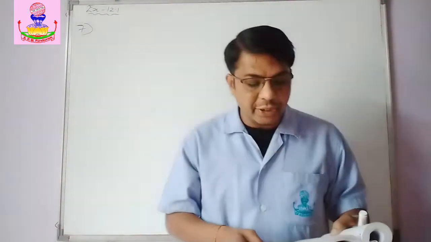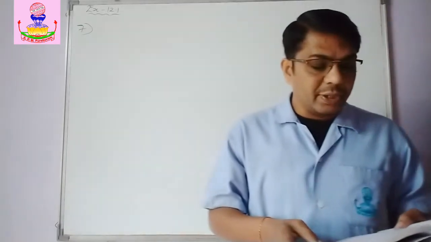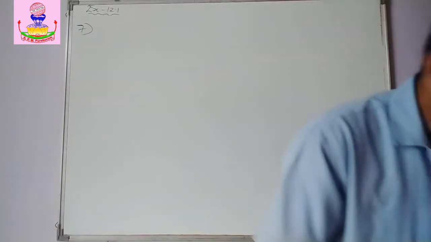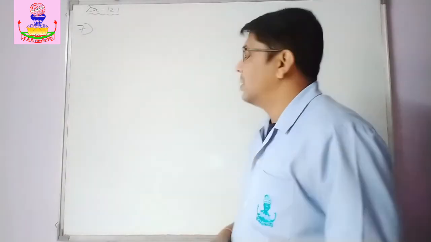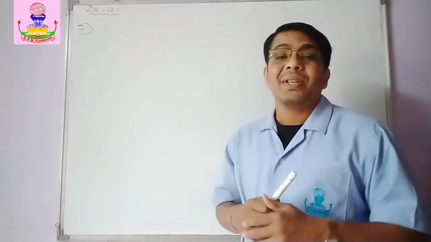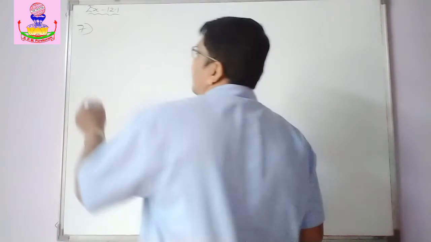Now see, by how much is the average of the natural numbers from 1 to 50 more than the average of the natural numbers from 1 to 25? To find the average of the first 1 to 50 natural numbers, first I should know the sum of all the natural numbers from 1 to 50.